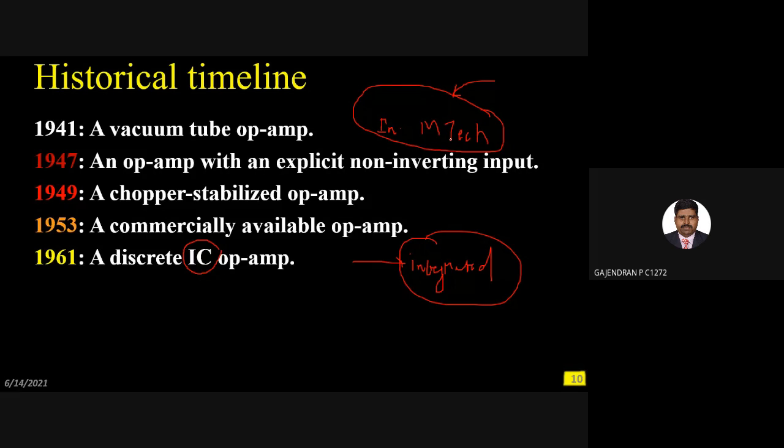So integrated circuit, what does it mean? There are many varieties of circuits, and everything is combined or integrated into a single circuit, confined to a single IC, a single chip.